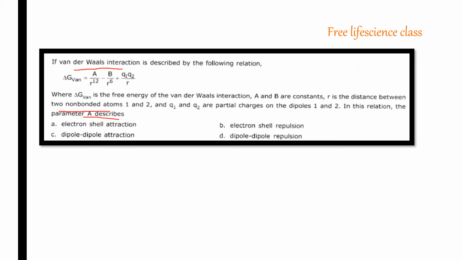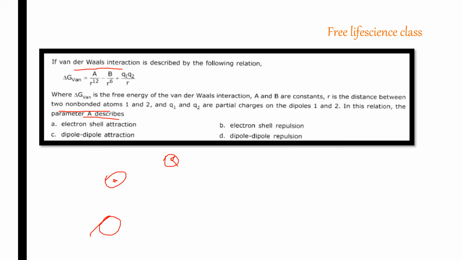We already discussed this type of question in a previous video. In two non-bonded atoms, there is always a repulsion. So if this is positive and this is positive, repulsion will take place.